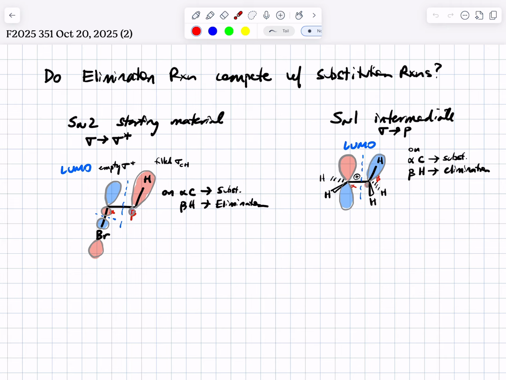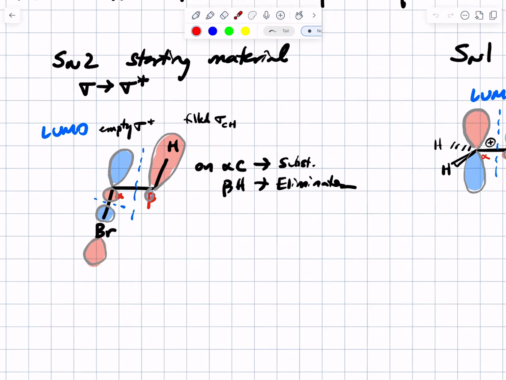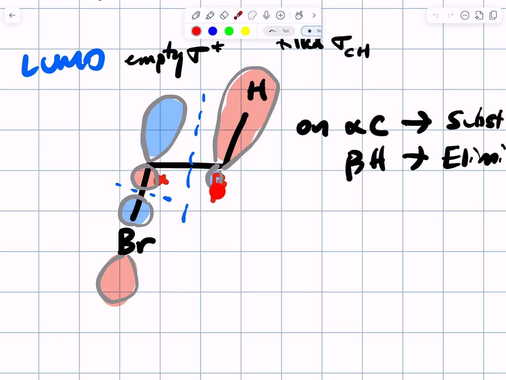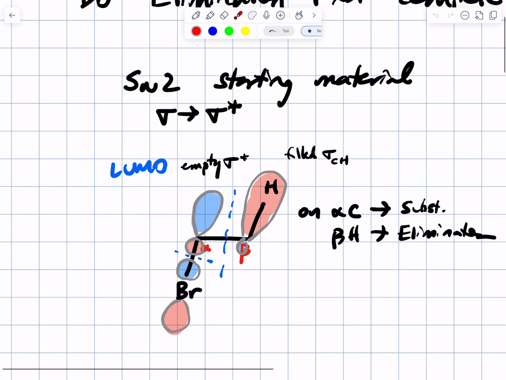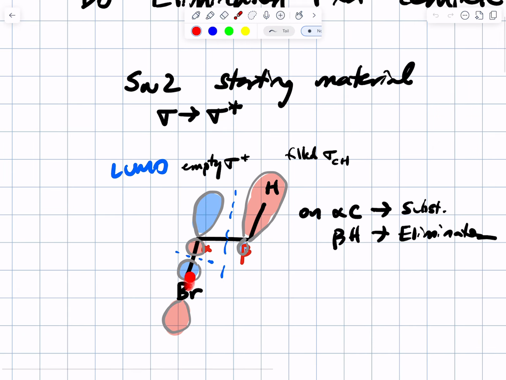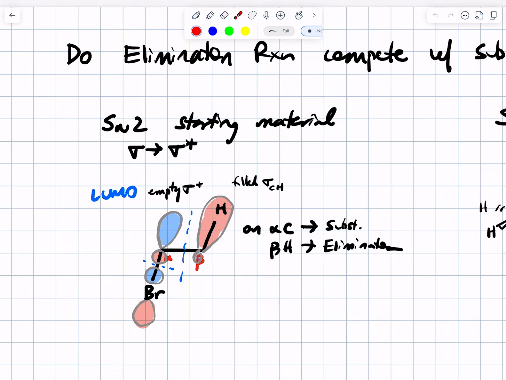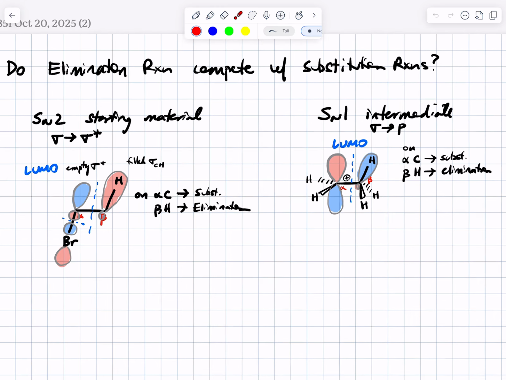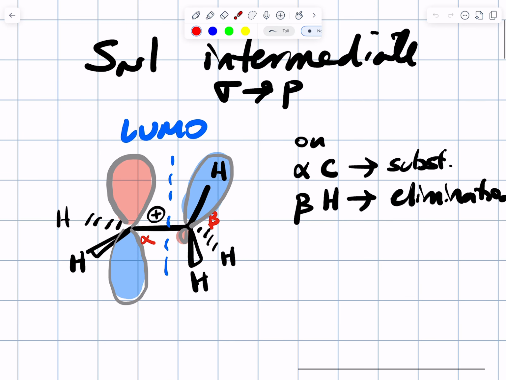We talked about hyperconjugation, and this is where a filled orbital on the beta carbon, the one that's adjacent to the carbon with the leaving group, lines up with and engages in side-to-side overlap with an empty orbital on the alpha carbon.